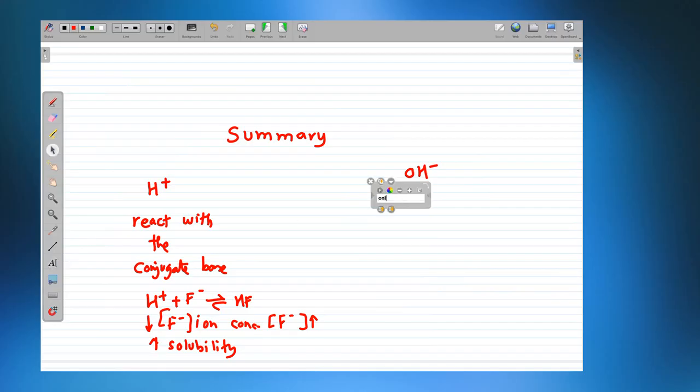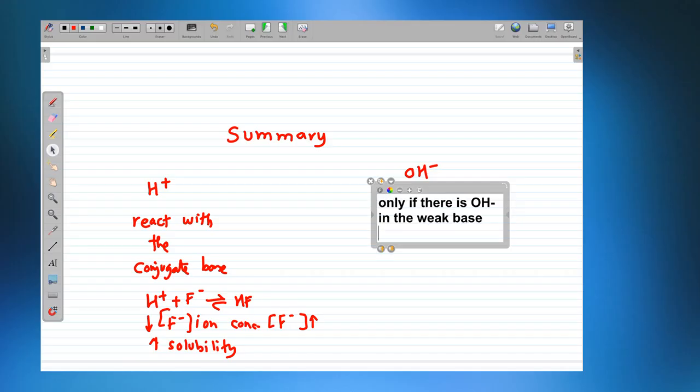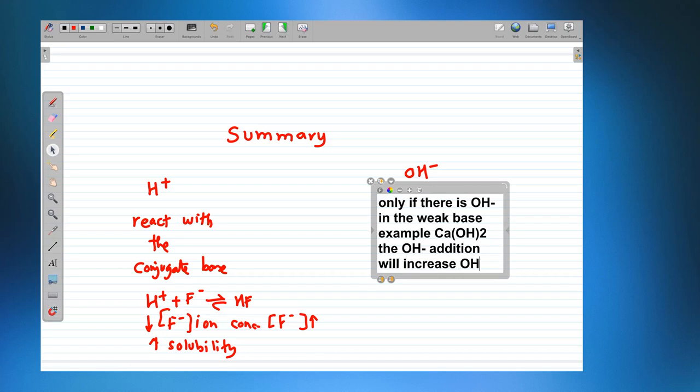So only if there is negative, if there is OH minus in the weak base, for example magnesium hydroxide or calcium hydroxide, the OH minus addition will increase OH minus.